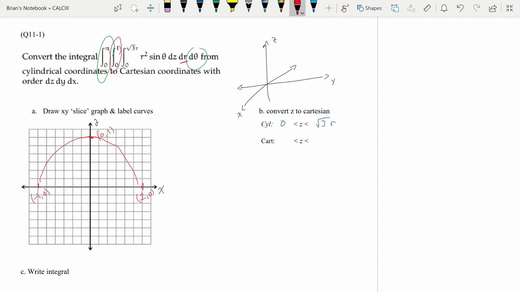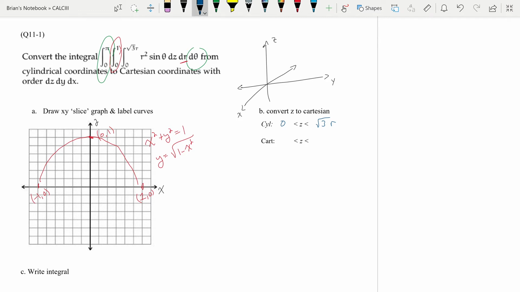Now we want to label that curve. Of course that's going to be a circle, which is x squared plus y squared is equal to 1, right? This is a circle with radius 1. We could also say that y is equal to the square root of 1 minus x squared, or vice versa, x is equal to the square root of 1 minus y squared. I think we'll just stick with that though. Okay, cool. So we've labeled that curve.